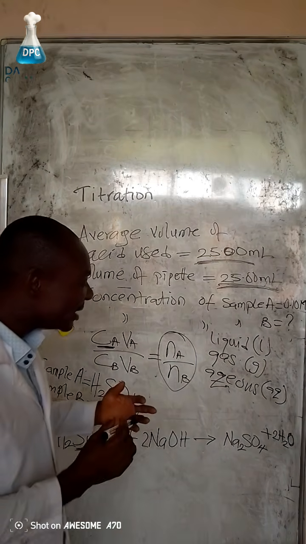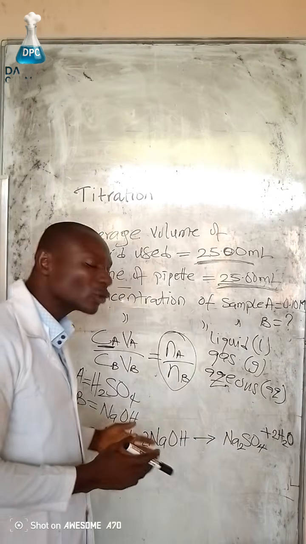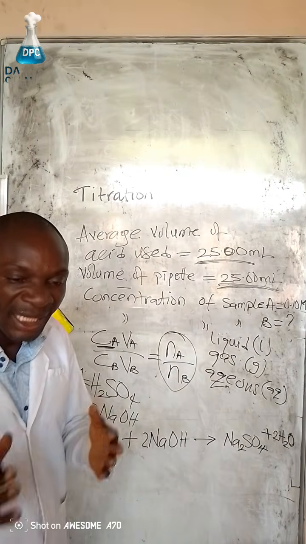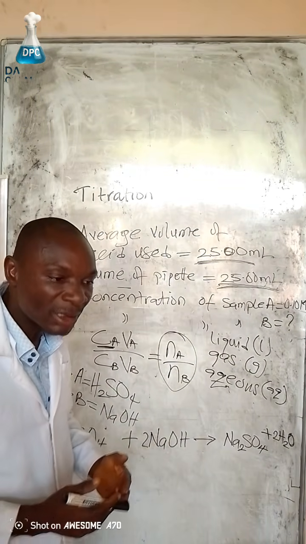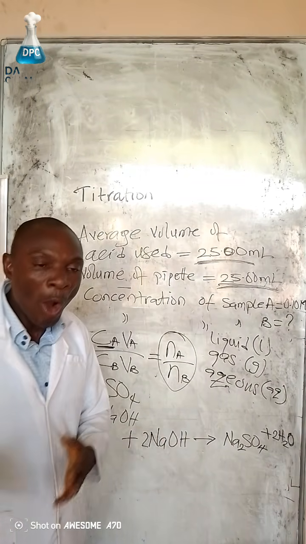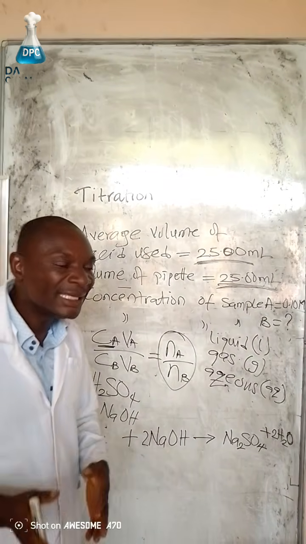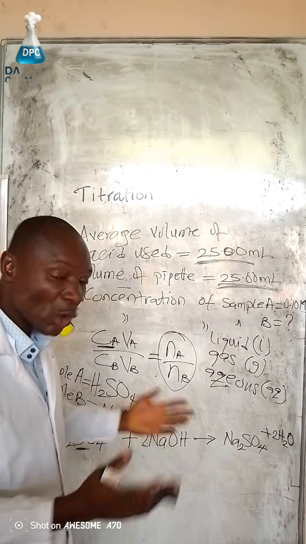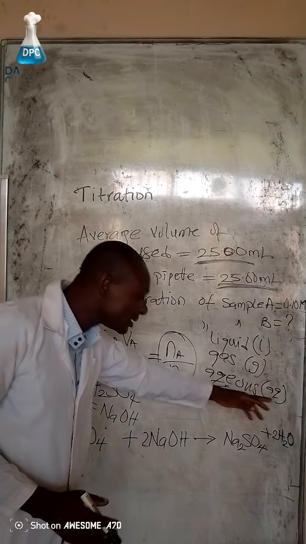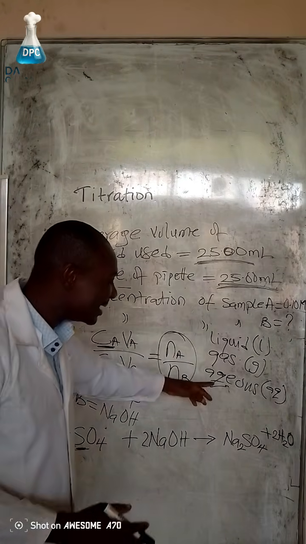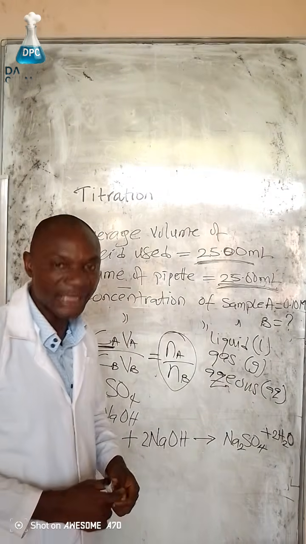Whether that particular reagent, compound, product or reactant is liquid at room temperature in its pure state, or gaseous, or solid, if it is dissolved in water, it is referred to as the aqueous state.